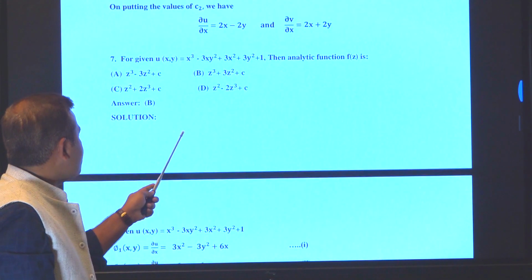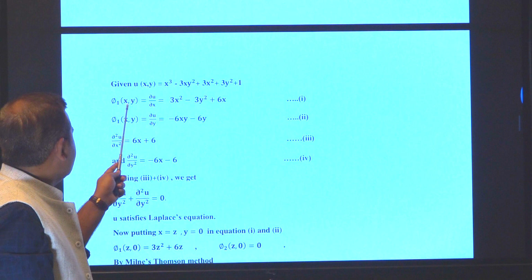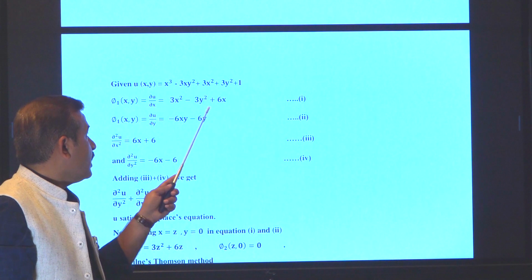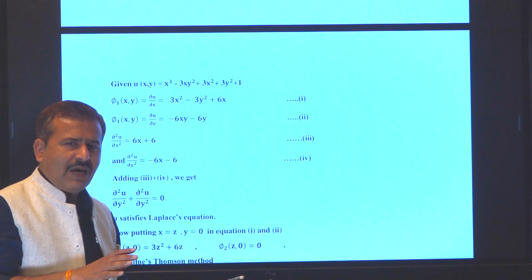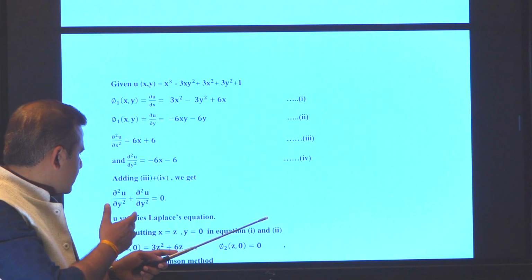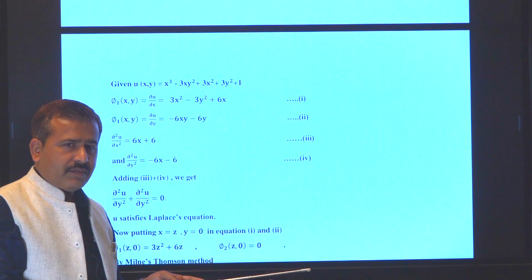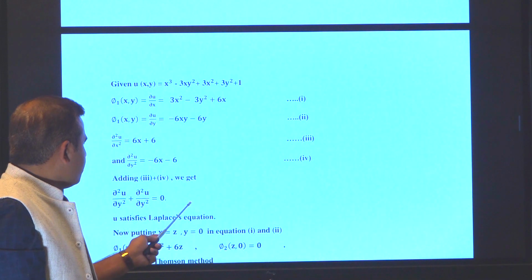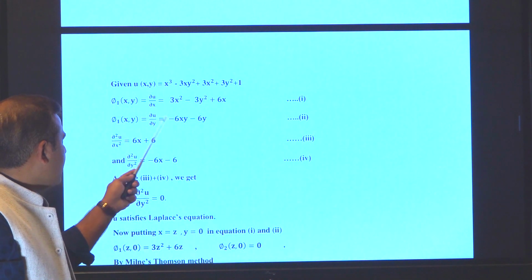So here u of xy is given, so here by using the Milne-Thomson method, we define the values when u is given, when v is given, when u plus v is given, when u minus v is given. We have already discussed the cases. If you have any problem regarding this type of problems, so go to the Milne-Thomson lecture, I have mentioned already the problems related to this type of results.